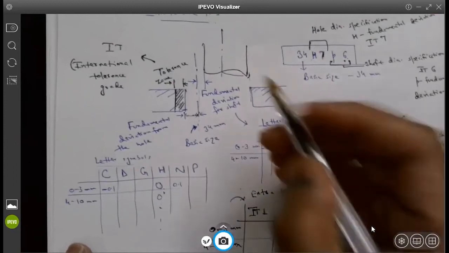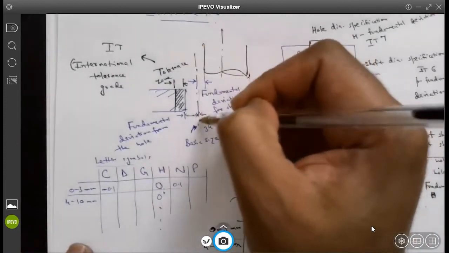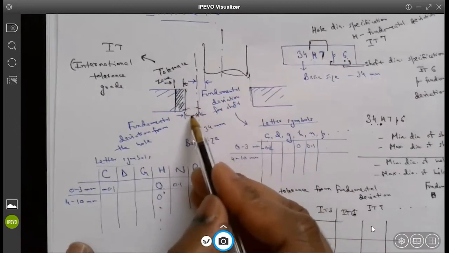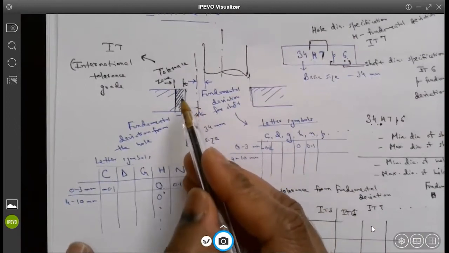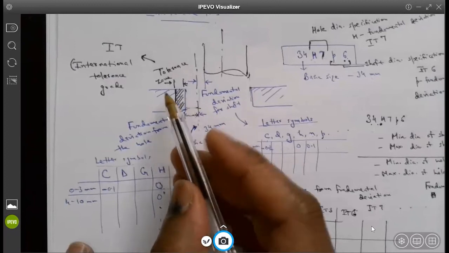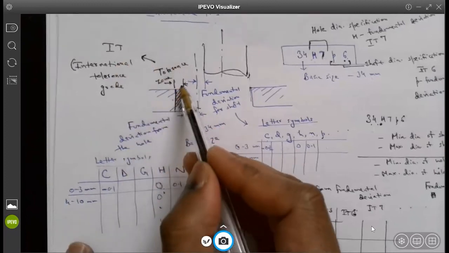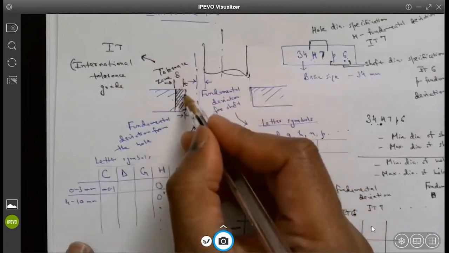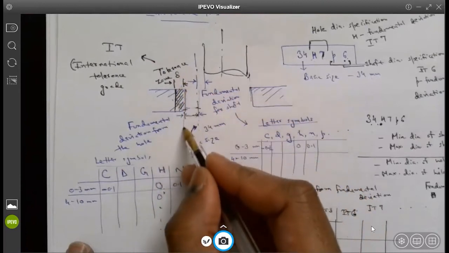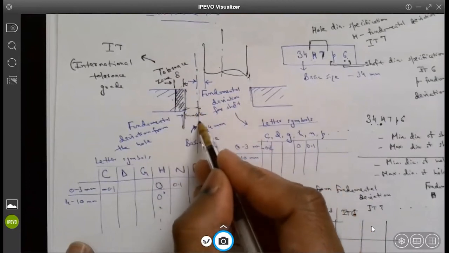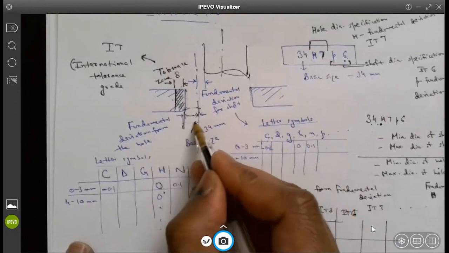Referencing back here, this is my basic size line, 34 millimeters. I am away from my basic size by the fundamental deviation. On top of that, if I add a tolerance, that will be my extra tolerance zone. So the IT numbers provide my tolerance zone, which gets added to my minimum diameter. This is the minimum diameter, this is the basic size. That deviation from the basic size is called the fundamental deviation.